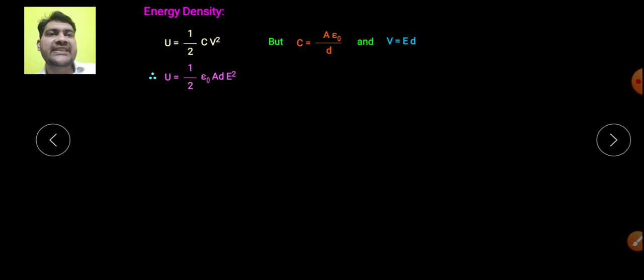If we use these relations, then the energy stored on the capacitor becomes half epsilon naught A d into E square. Here A into d is the volume of the capacitor.